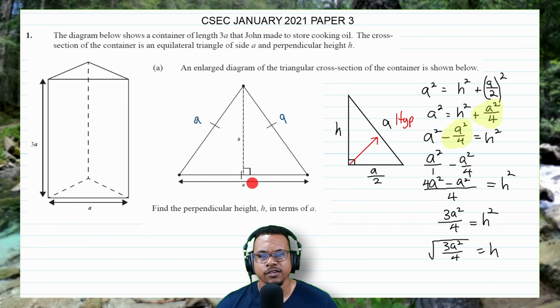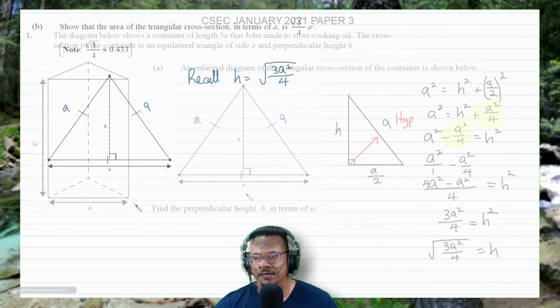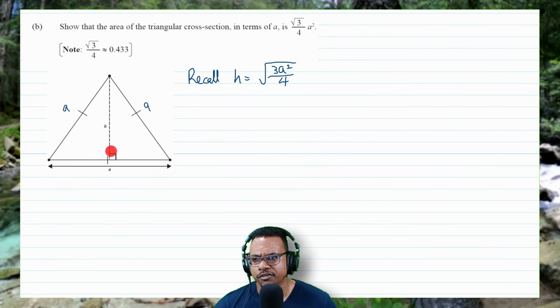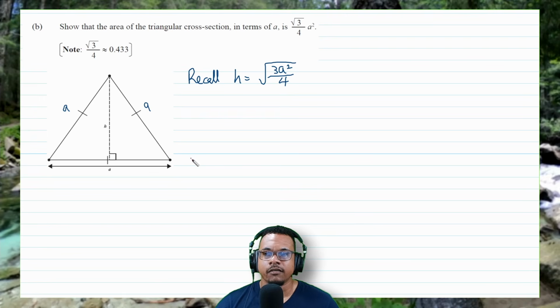We know the area of the triangle is what? Base times height over 2. I brought the triangle across on this page, and I just wanted to recall that the height is equal to the square root of 3a squared over 4. As I was saying, the area of a triangle is base, which is a, times the height, divided by 2, or a half base by height.